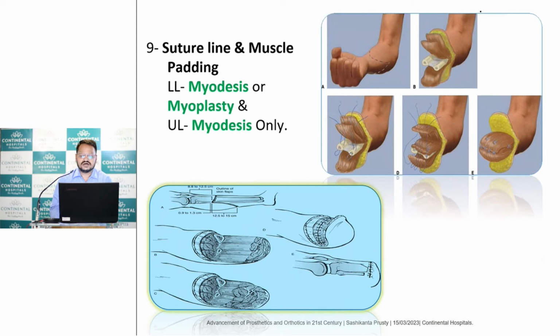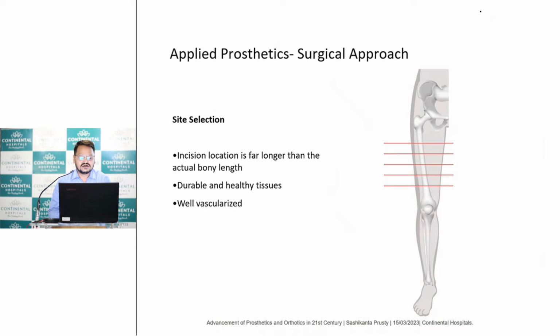Then incision location, which should be far longer than the actual bony length, with durable, healthy and well vascularized tissue. That is what we have to see for the length selection. Then effective length, the derived length influenced by the flap: not too long, not too short, with clearance to fit the prosthesis.